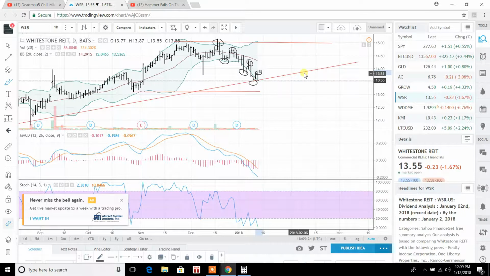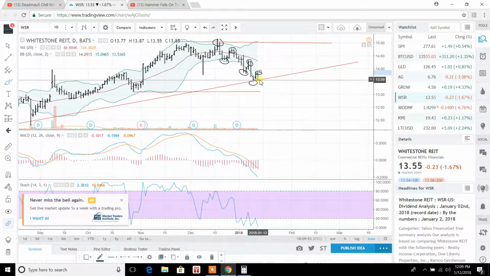But you've got a tightening range starting to occur here, and right now we're in oversold territory on the stochastics. So I would say probably over the next week you're going to see this start to head back up, and we'll start to approach those resistance levels again. This right here, I would say, would be a good entry point for a buy.